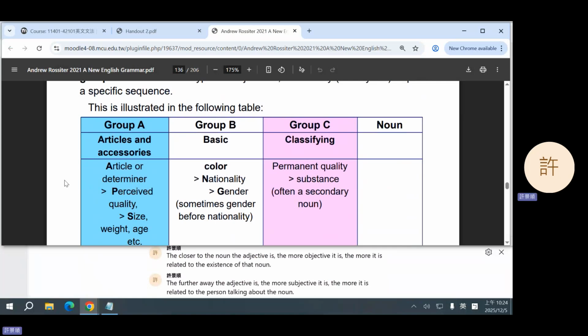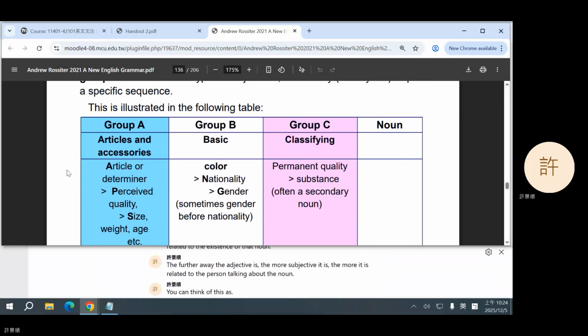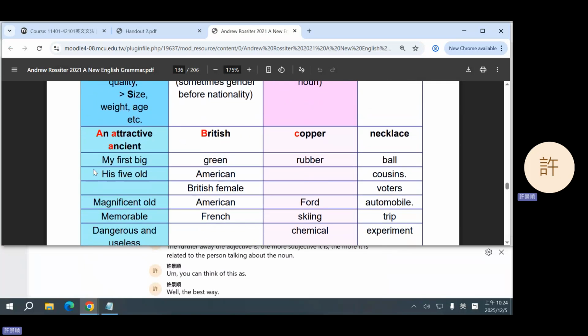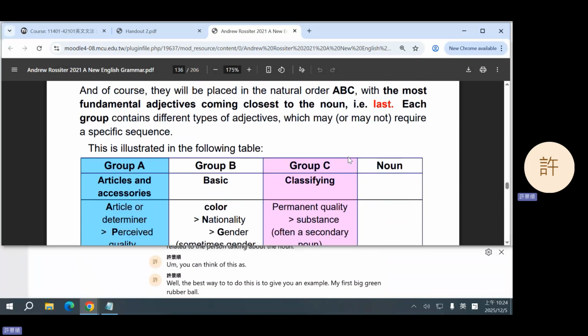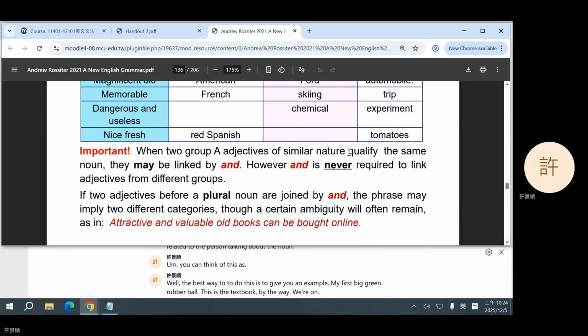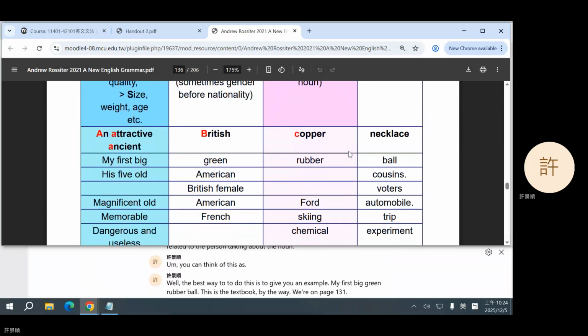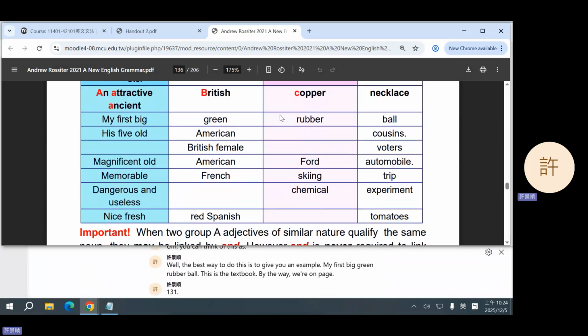The best way to do this is to give you an example. My first big green rubber ball. This is the textbook, by the way. We're on page 131. My first big green rubber ball.